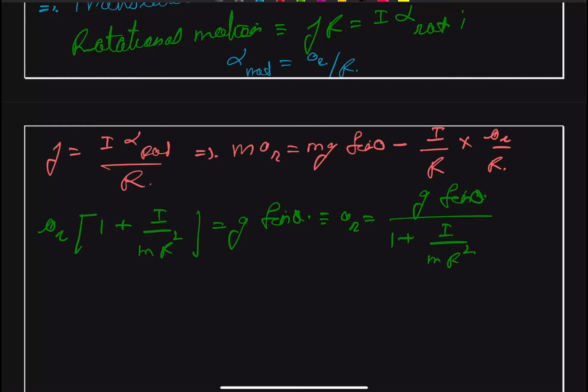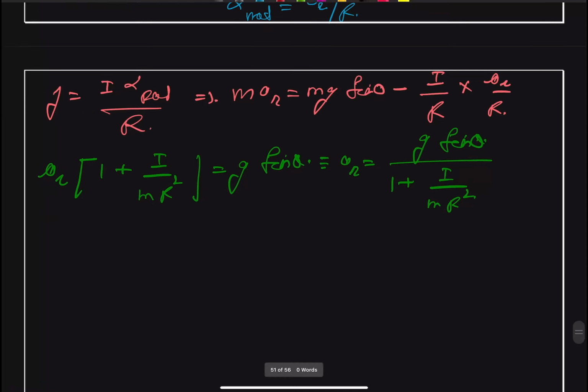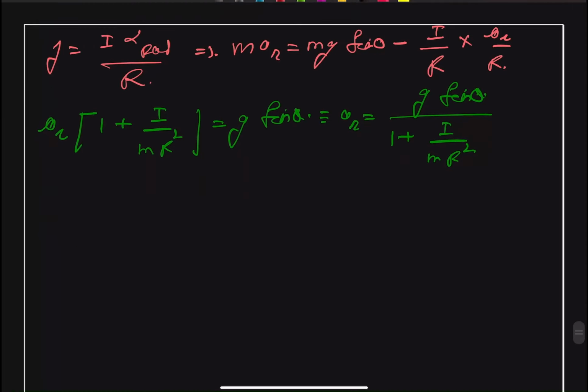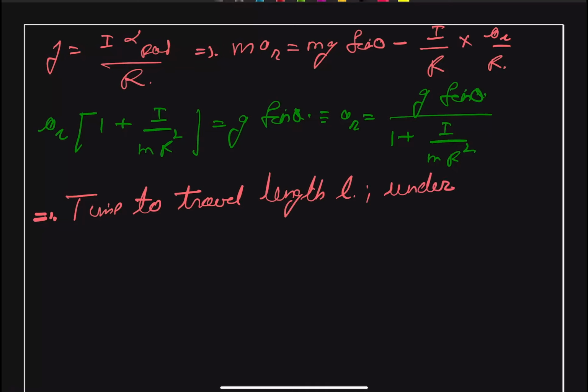Now the length traveled is the same in this case also. Therefore we can say the time to travel length L under acceleration a_R, and for this particular case we say this time is t_R.